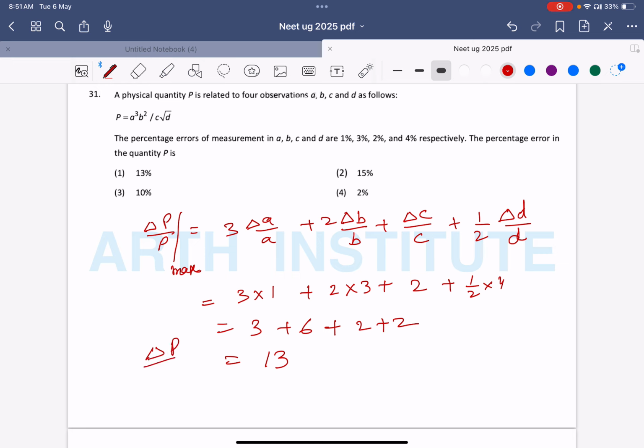So delta P by P into 100. So delta P by P, right? So everything is in percentage. This itself is the percentage error.